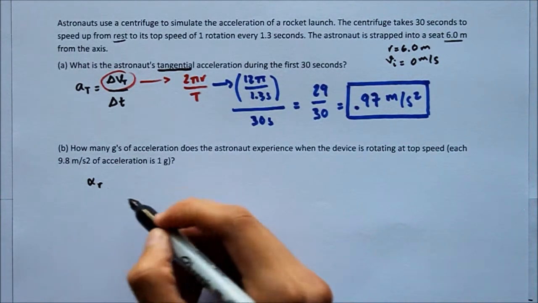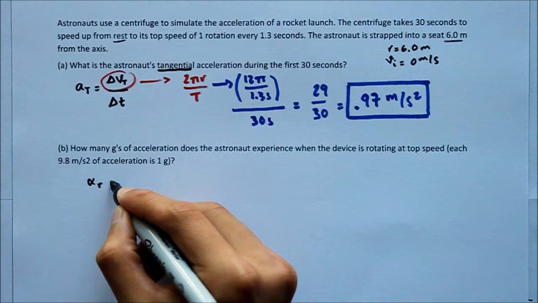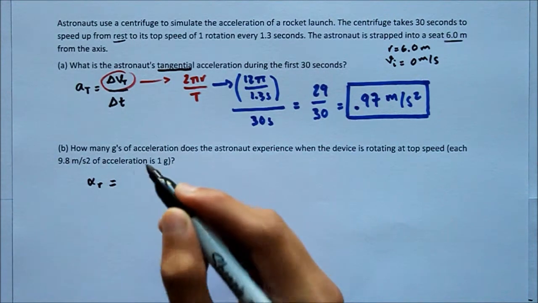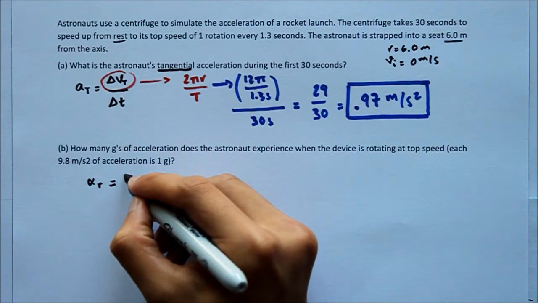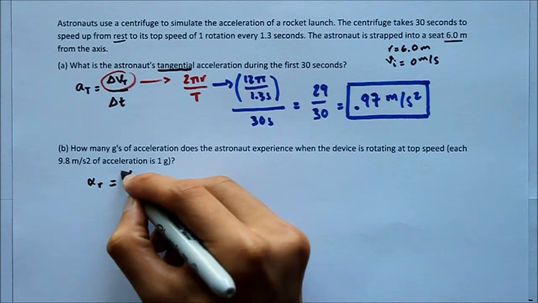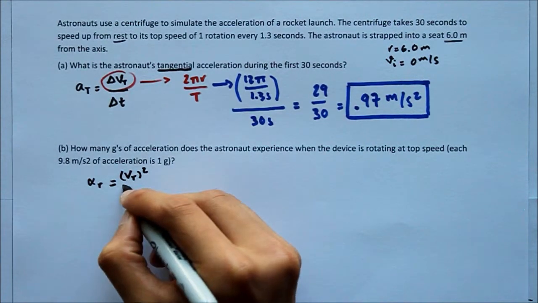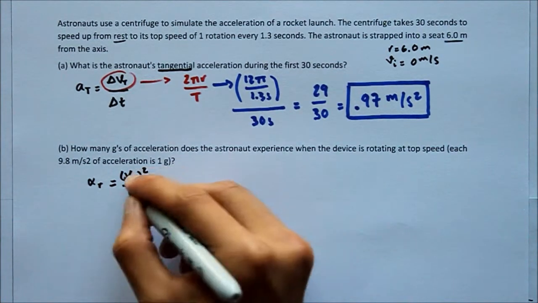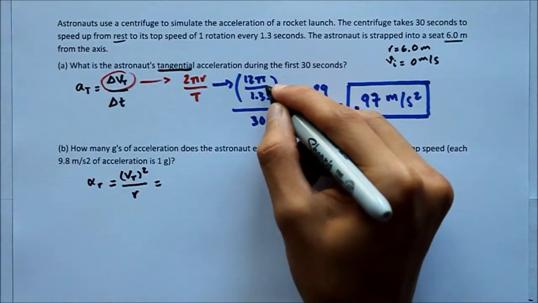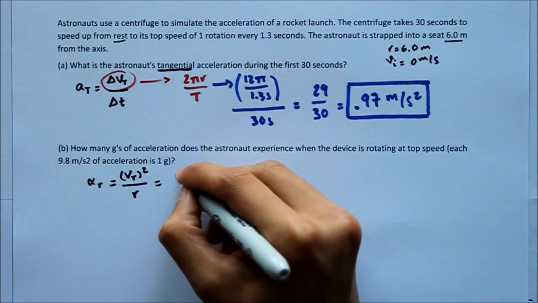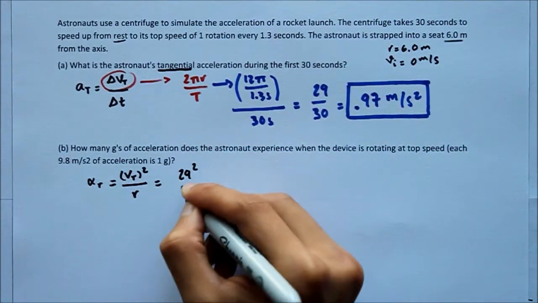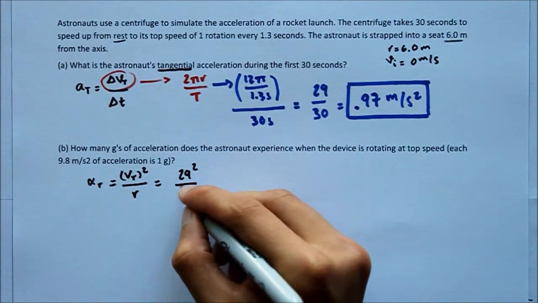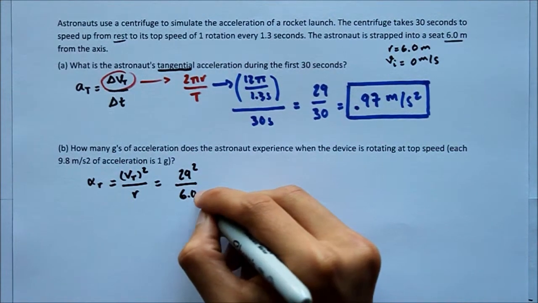So we know that our rotational acceleration is going to equal our tangential velocity squared divided by our radius. So we already know our tangential velocity from up here, which was 29. So we're going to square 29 and then divide it by our radius, which was 6.0 meters.